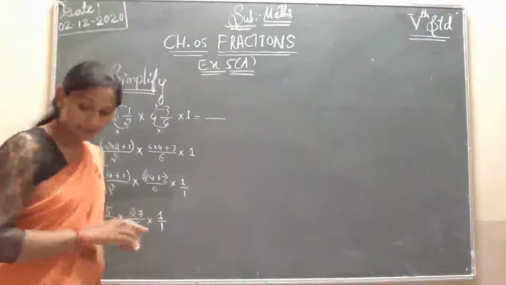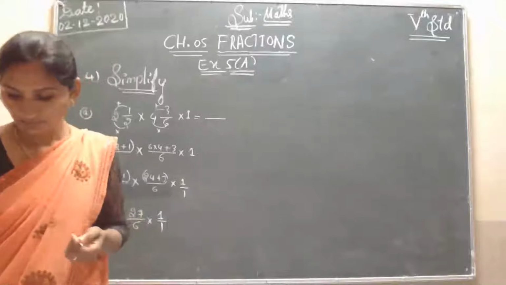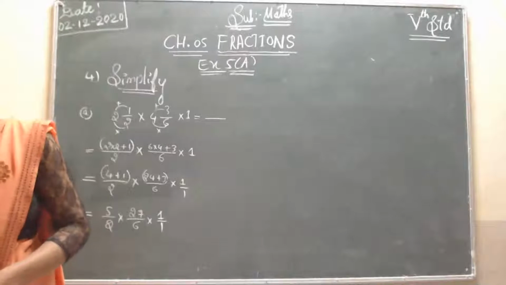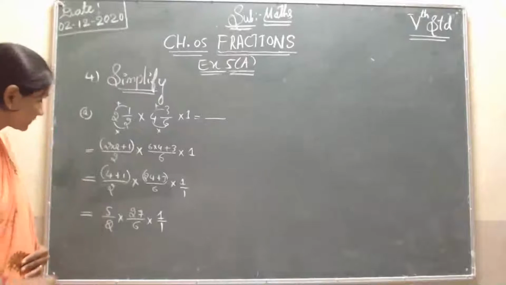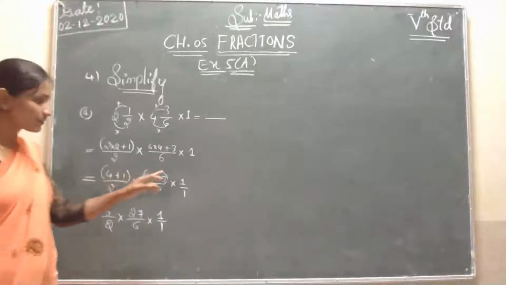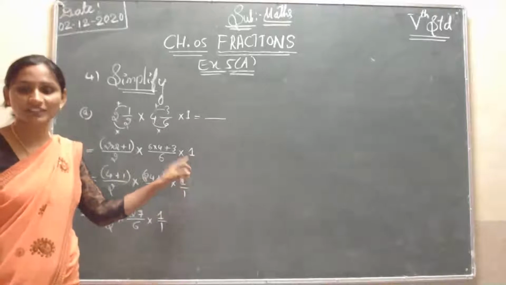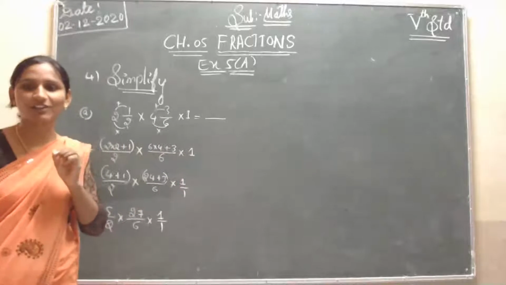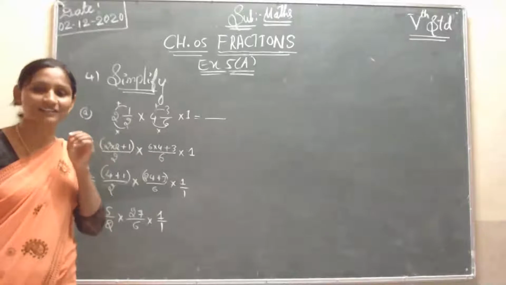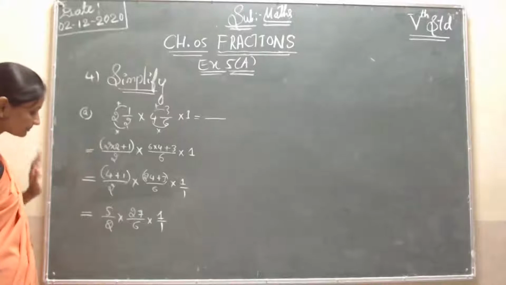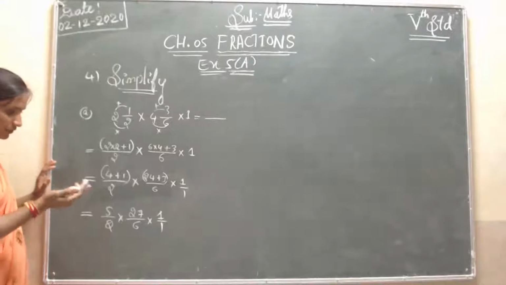Students, can you observe this question? Now, one is given means you have to take it as one. Already I told that: if the value is not given, you have to consider the value as one. Okay. Next, you have to multiply.